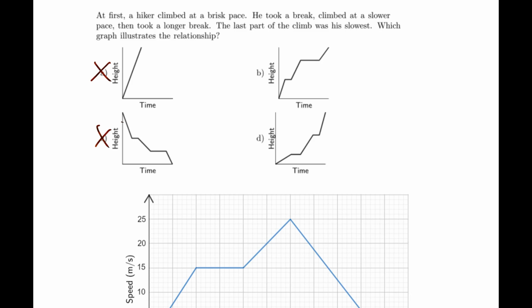He took a break. All right, so he climbed at a brisk pace, so that means that it'll be really steep. Okay, this is not that steep. Then he took a break. So this shows a break, and climbed at a slower pace, then took a longer break.